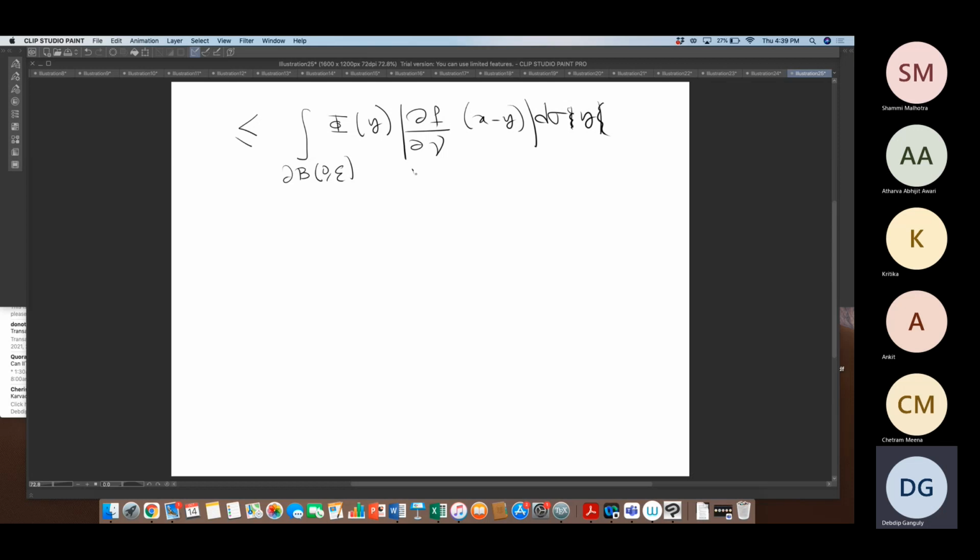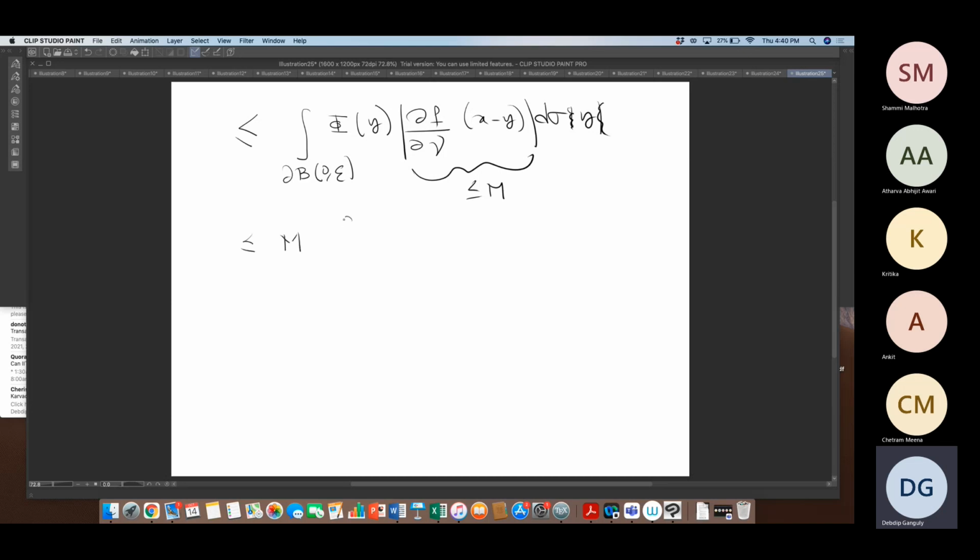So this is bounded, less than or equal to M. Why? Because f is C2 with compact support, so all its derivatives are bounded. Whatever direction you take, the directional derivative will be bounded. Yes or no? It also has compact support, right?